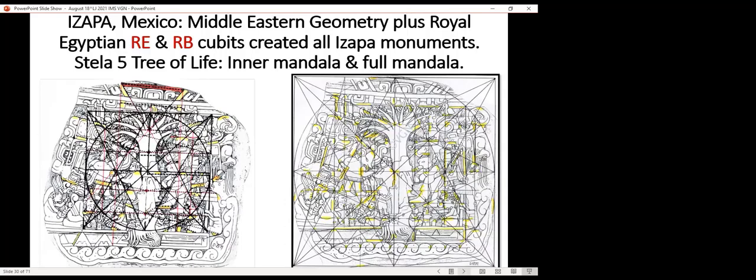There's Alpha Mexico showing the Royal Egyptian and Babylonian cubits in these two figures. The one on the left is the geometric design inside of the carved scene, which was my first exercise.